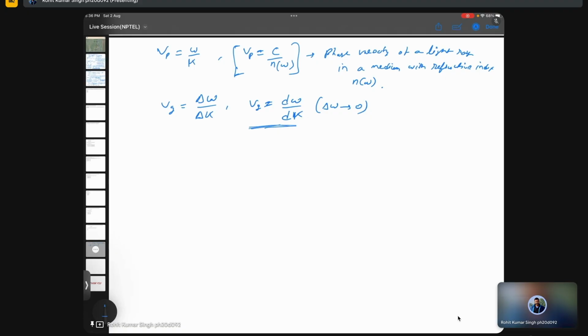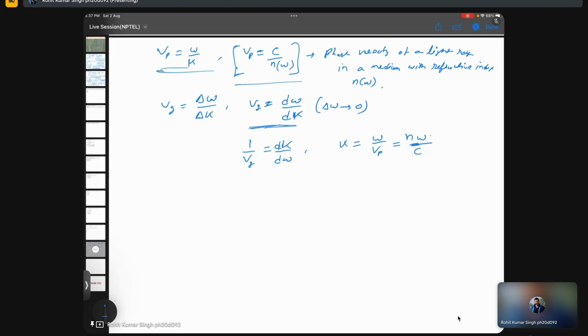Okay, so you can take this formula and first invert it. We write it like this: 1 by group velocity is dk by d omega, and from here k is equal to omega by vp, which, using this formula, is n(omega) times omega by c.